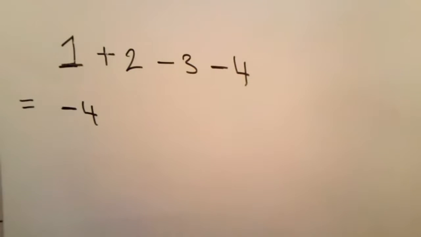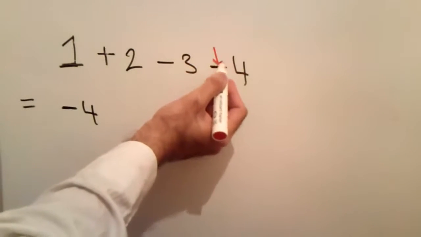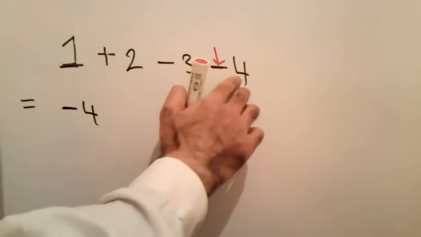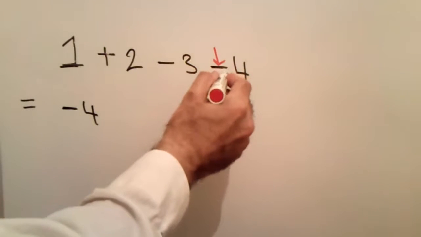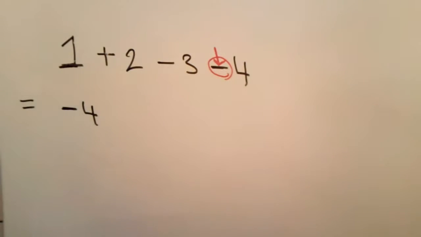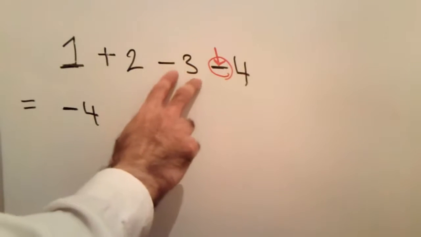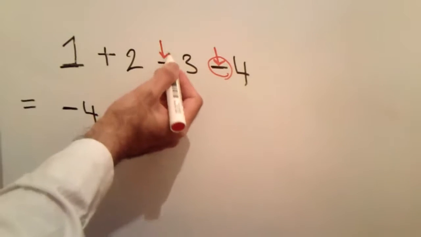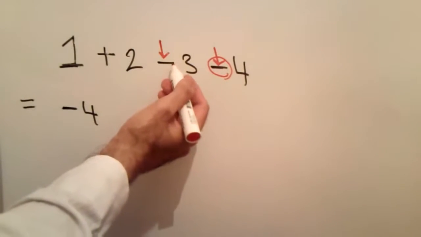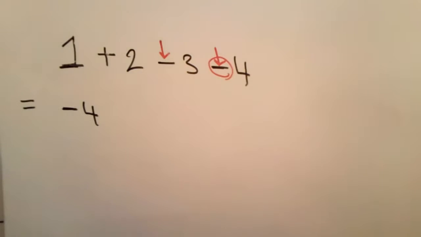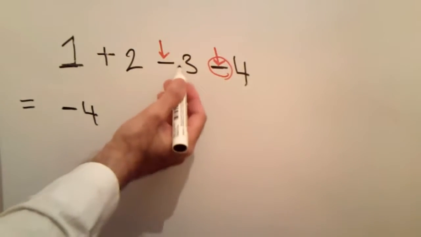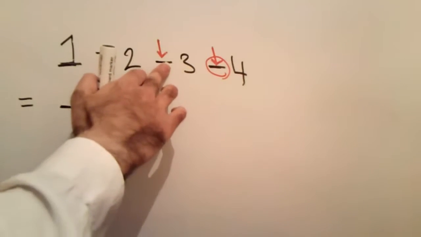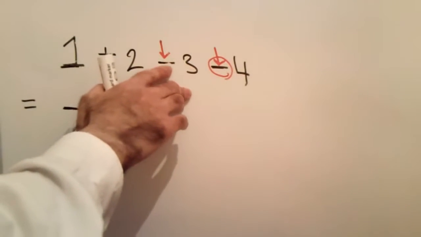Here the takeaway operator has become the sign of the number 4. Remember, it's always on the left hand side. So this one is negative. This one is a minus 3, a negative 3. So we write that as minus 4 take away 3. The operator stays the same.